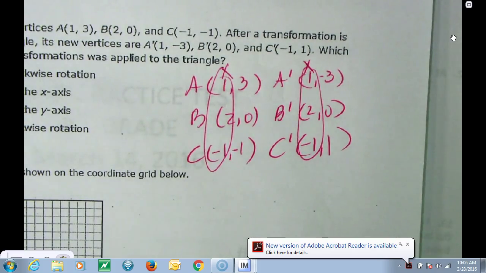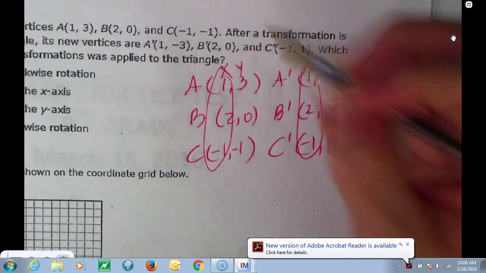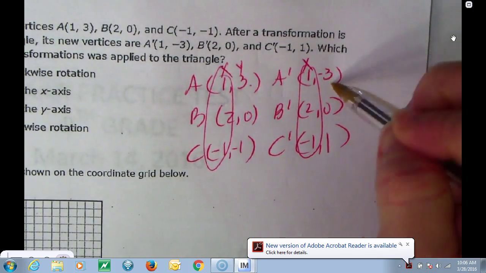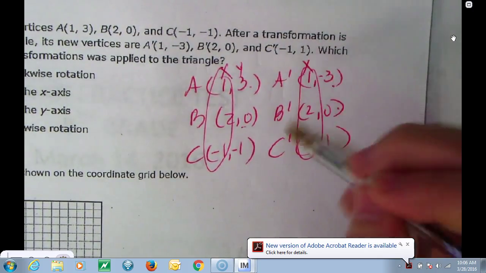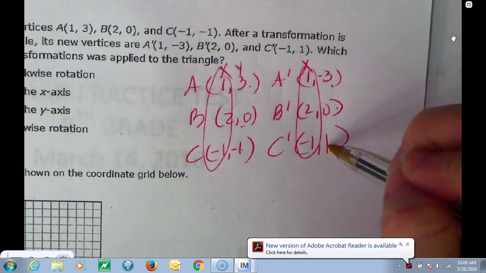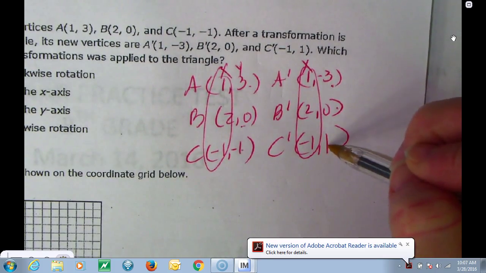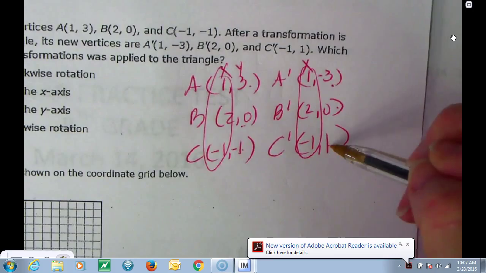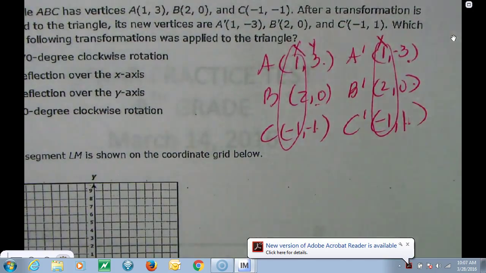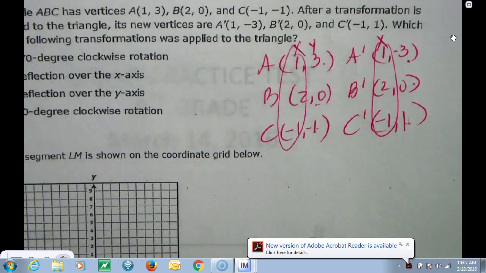Okay, and then I looked at my Y's and I said, oh, 3 became negative 3, 0 is 0, that doesn't matter really. Negative 1 became 1. So they changed the signs on these. So I looked over here and I said rotation. Everybody do your 90-degree rotation. And then 270 goes around that way, right?